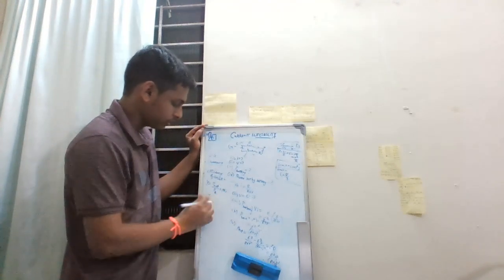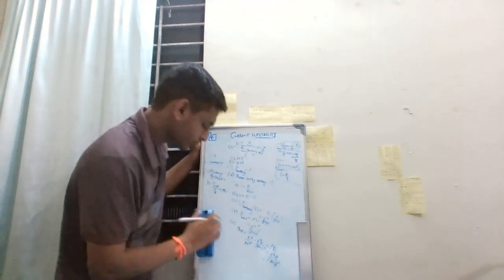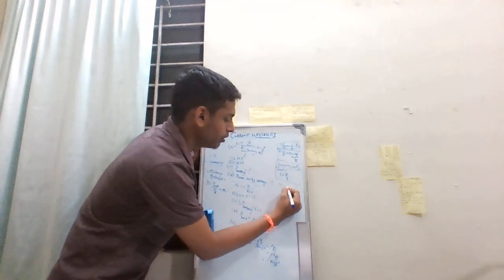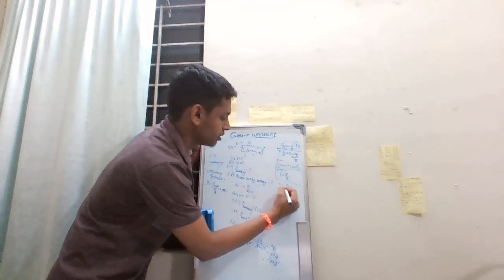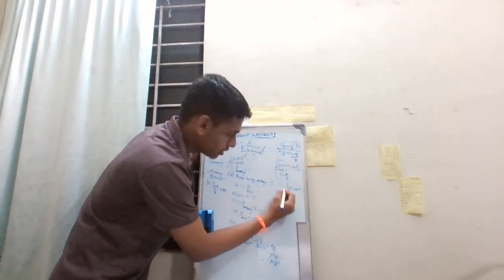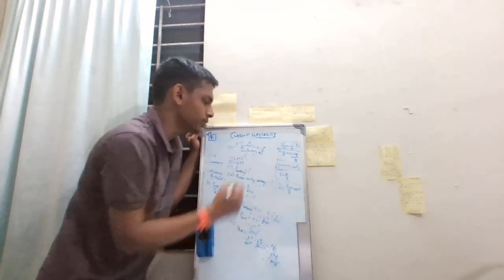So in this question, let us write that first here: P out by P battery into 100%. We are asking eta percent. We'll use that.